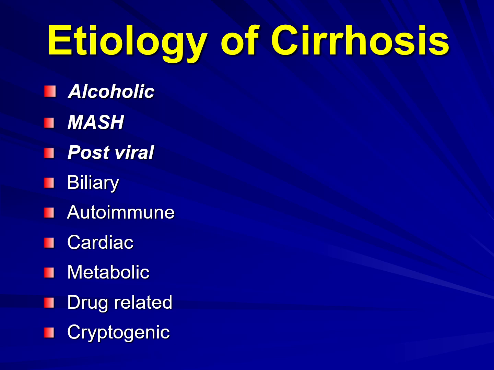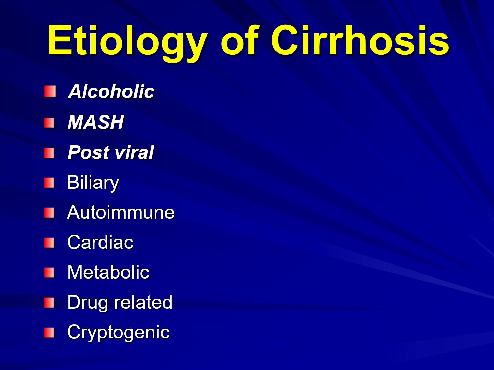There are some other etiologies such as chronic biliary obstruction or intrahepatic cholestasis caused by, for example, primary biliary cholangitis. Autoimmune conditions such as autoimmune hepatitis can lead to liver cirrhosis.